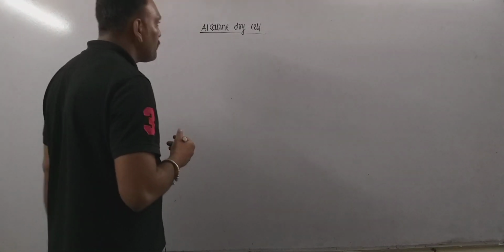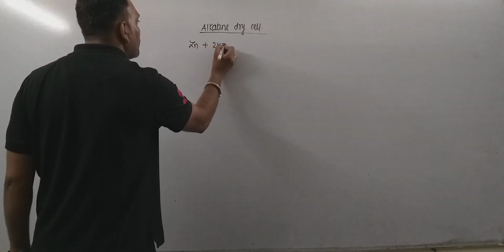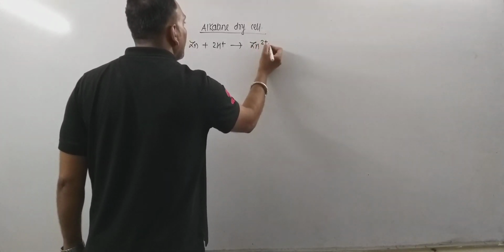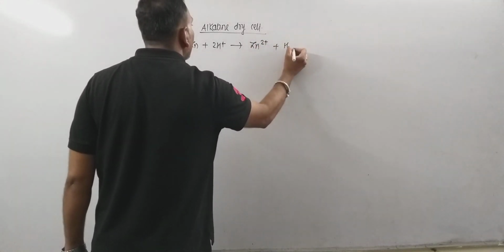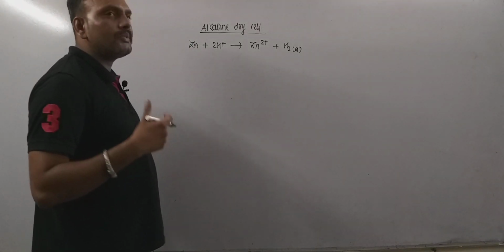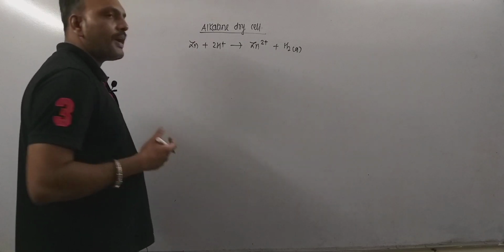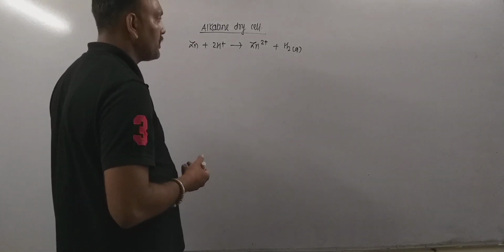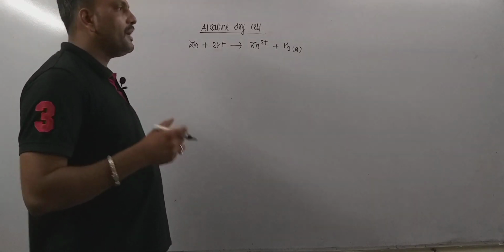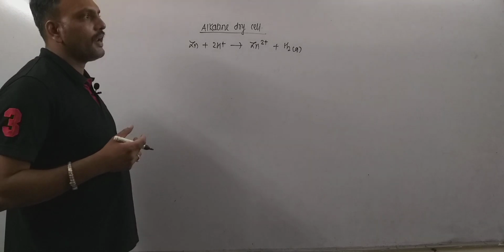So earlier I told that zinc interacts with H+ ions in acidic medium and undergoes oxidation, thereby releasing hydrogen gas. Due to this, corrosion of the zinc vessel takes place, and hence the lifespan of the dry cell gets shortened. For this purpose, the only remedy is to make the medium alkaline.